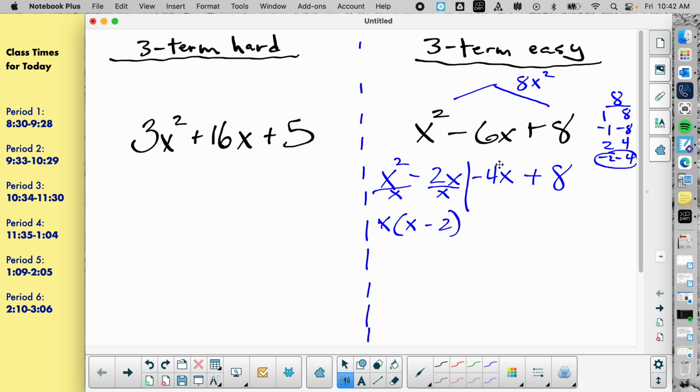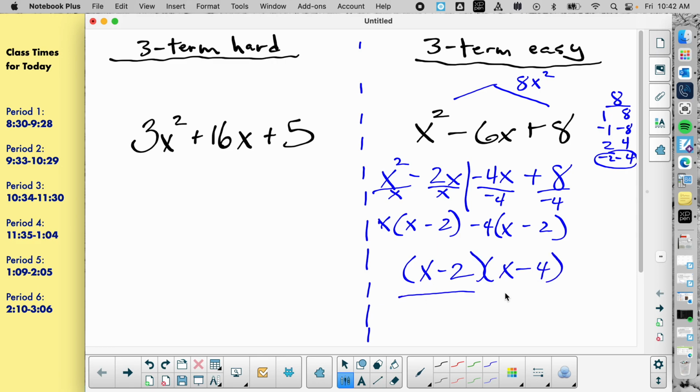Second half, 4 goes into both. The first number is a negative, so that means I'm going to take out that negative. And whether you do that in your head or just write it down, we actually end up with x minus 2 again. By having two of the same factors, you get this as a final answer.